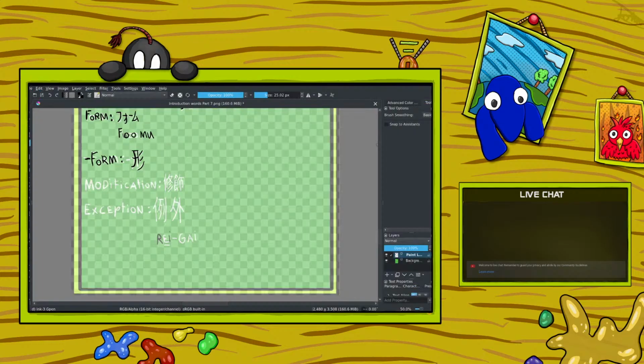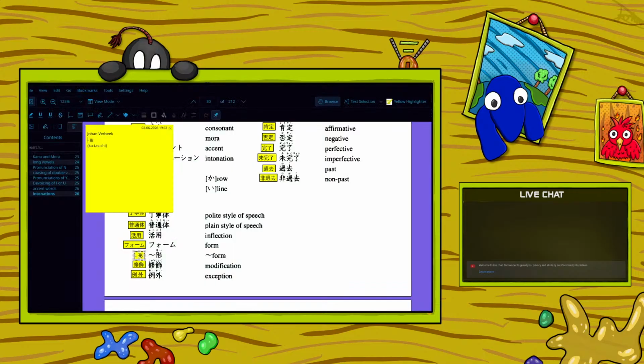So, time to type that in. Katashi. Oh wait, katashi. Yes, katashi.